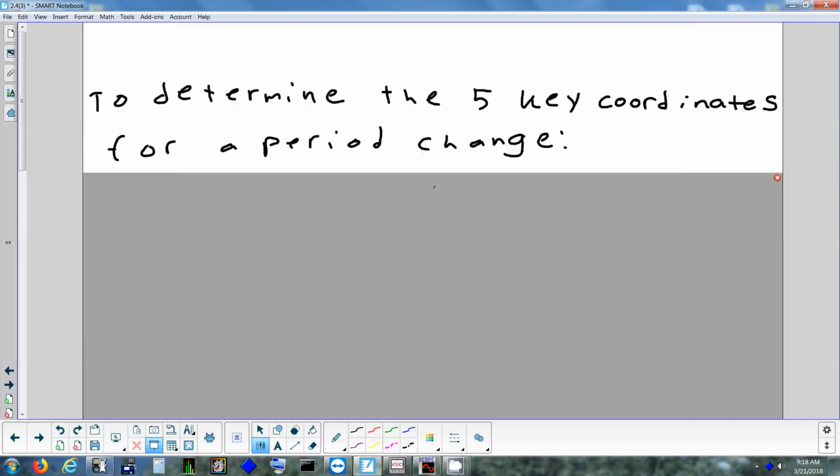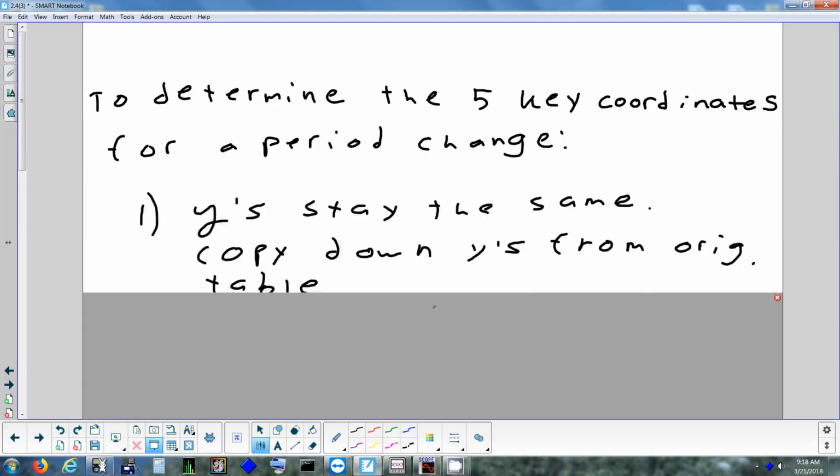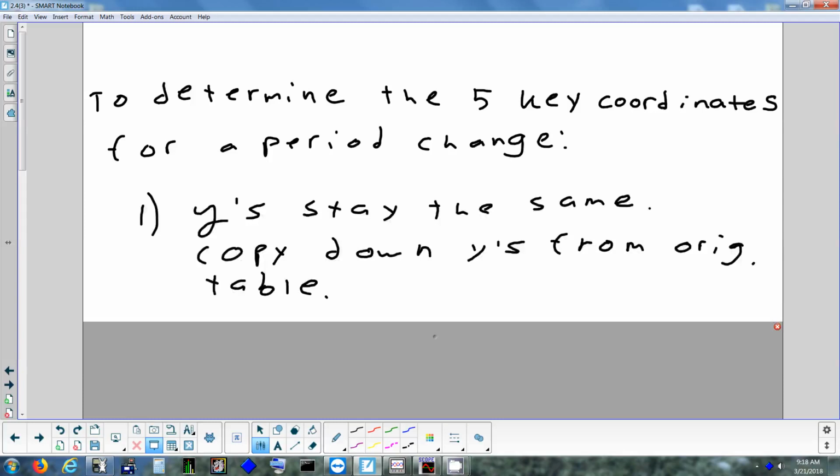The y's are not changing. We're going to do stuff horizontally. That's the x's. So the y's stay the same. Unfortunately, the y's are the easiest numbers to work with. So today we don't get to work with the ones, the zeros, and the negative ones. We have to work with the fractions with pi.